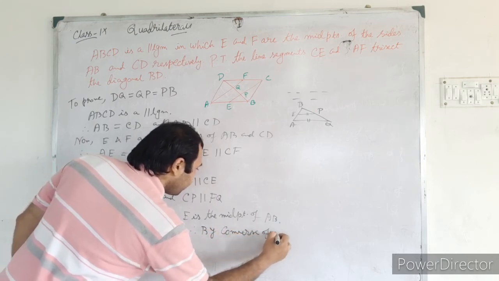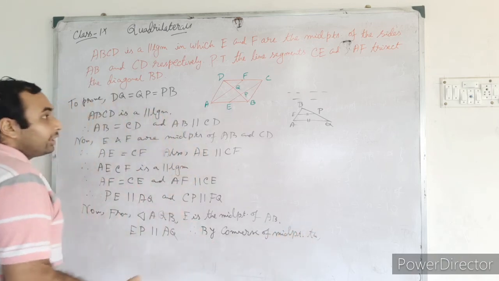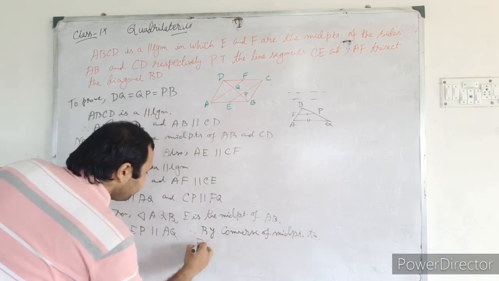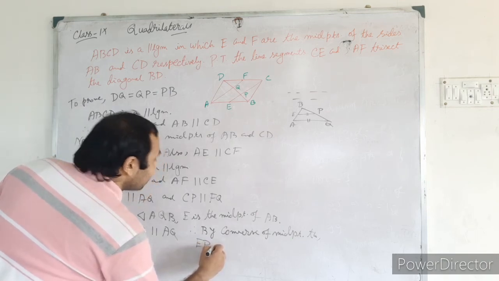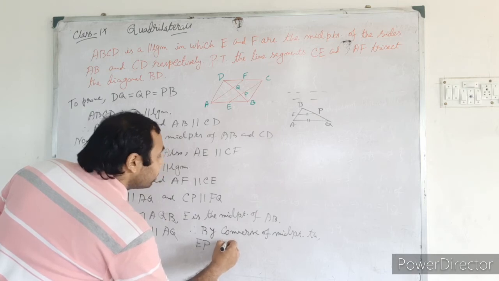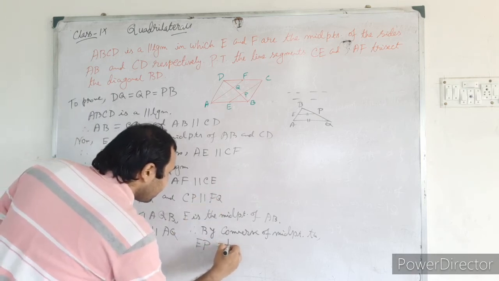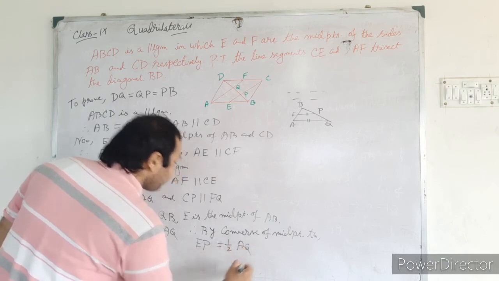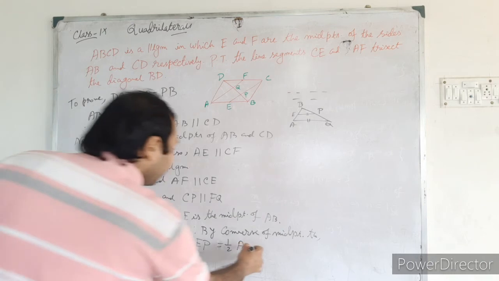By converse of the midpoint theorem, we can definitely say EP is parallel to AQ. EP is parallel to AQ, it is given. So EP is equal to half of AQ. So finally we have got EP is half of AQ.